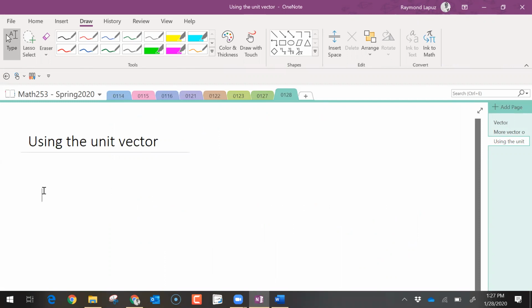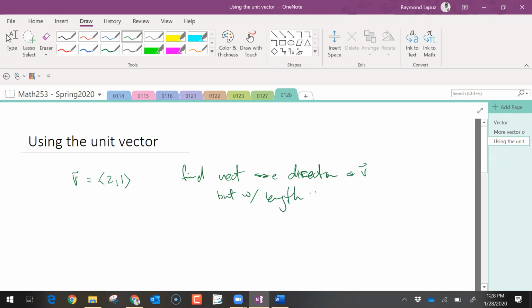Let's keep using the same vector. And let's say I want a vector going in the same direction, or maybe even opposite. Let's go with the same direction first. So find a vector in the same direction as V, but with length 10.